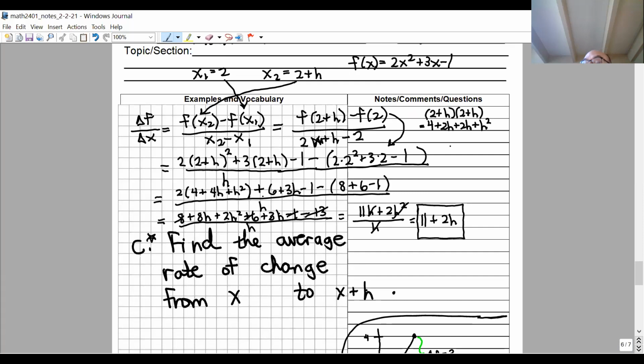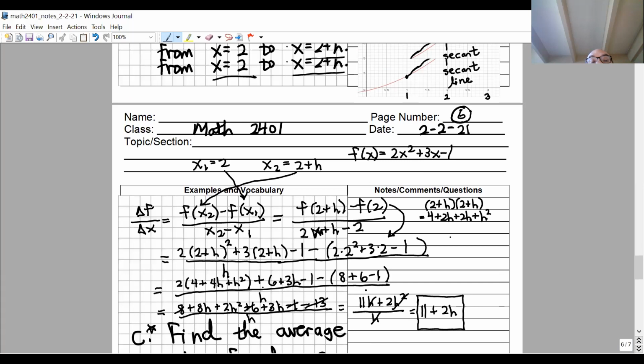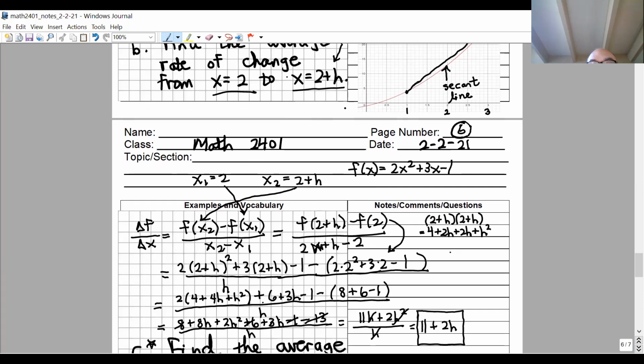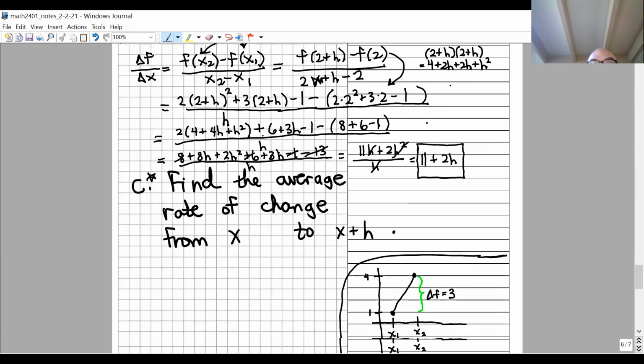So I'm just getting more and more abstract here. Here I was finding the average rate of change from a specific x value 2 to 2 plus some increment. Now I want to find the average rate of change from any x value. It could be 2 or 3 or anything, 7, to that same x value plus an increment.